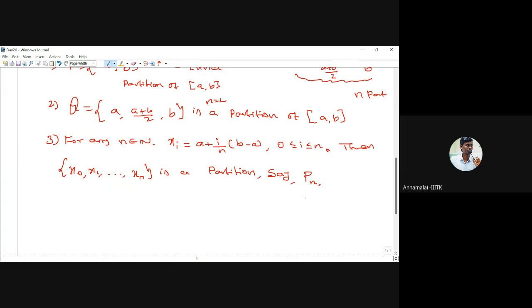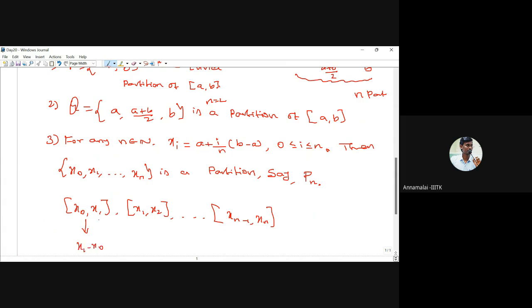What are the subintervals? If you take x naught and x1, then [x naught, x1] is one subinterval, [x1, x2] is another subinterval, and so on. The last one is [xn minus 1, xn]. What is the length of the first subinterval? x1 minus x naught.